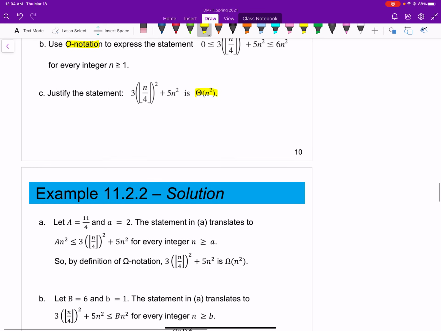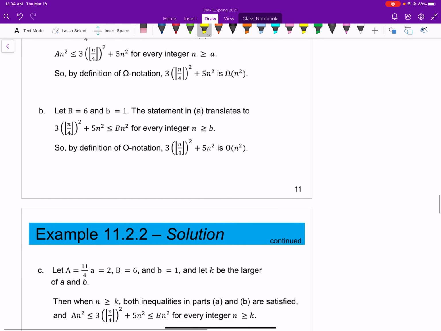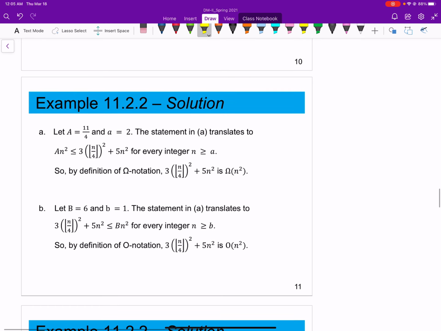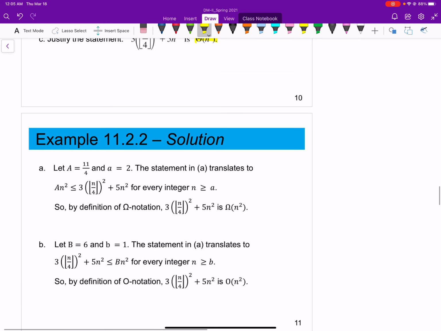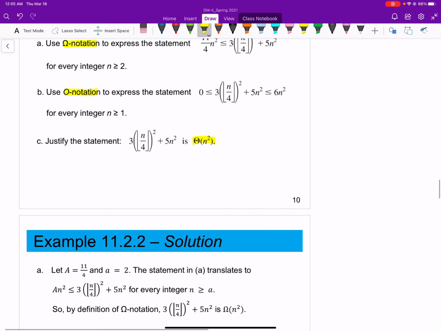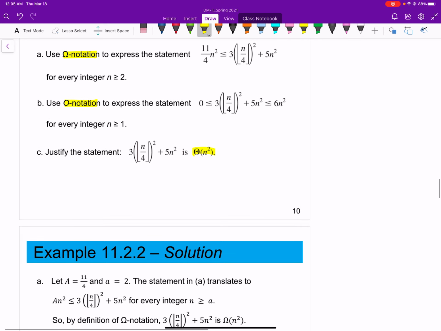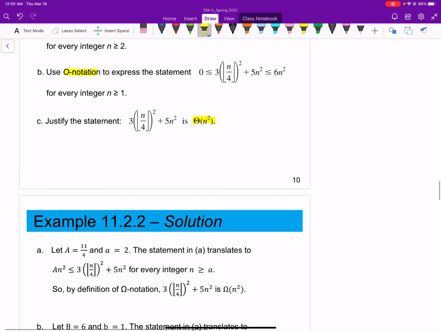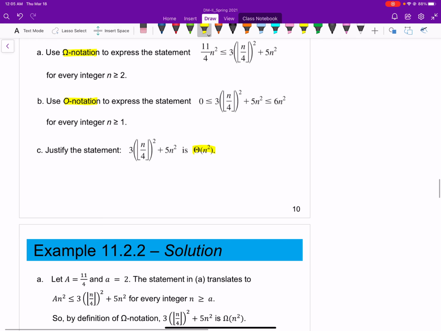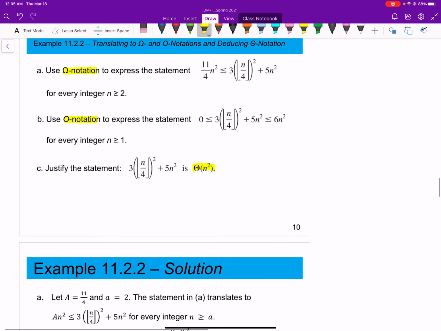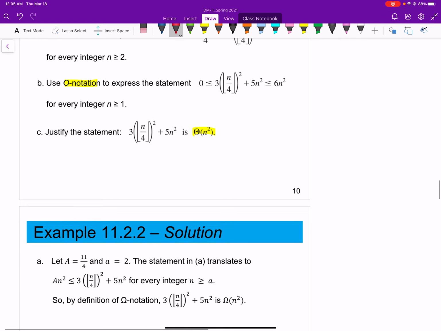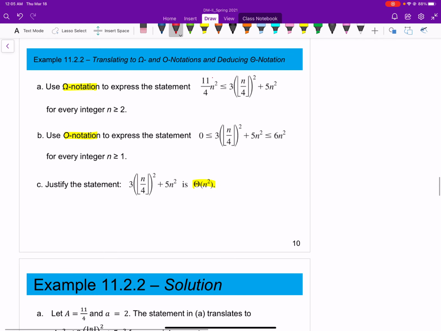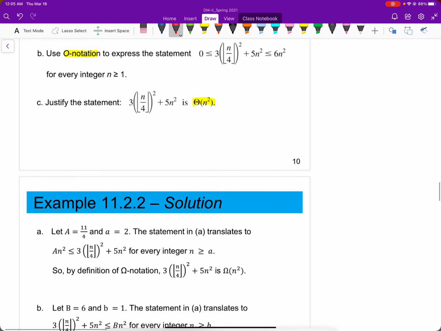All right, so just go down. I have written down the solutions right here, so you can read and understand. I'm also going to explain the same thing here. In the first part, you have to recognize what is A, the multiple. Here the A is this, which is the multiple.